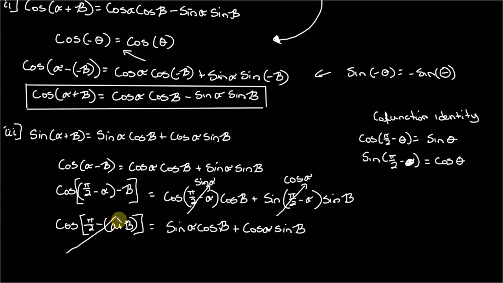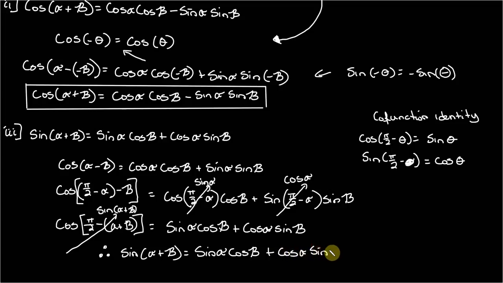All of this simplifies to sine alpha plus beta, which is our theta. And so therefore, maybe we just write it like this. Therefore, sine alpha plus beta equals sine alpha cos beta plus cos alpha sine beta.